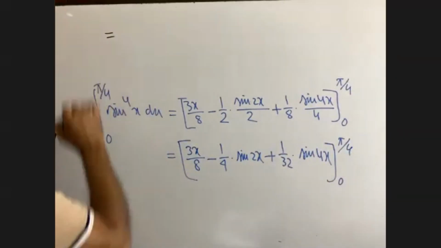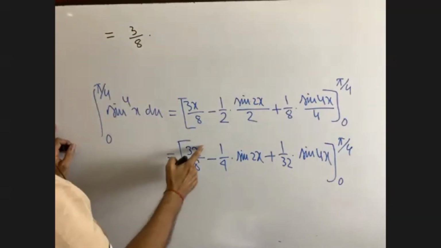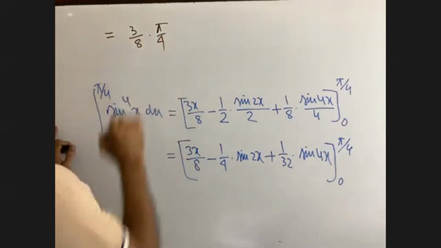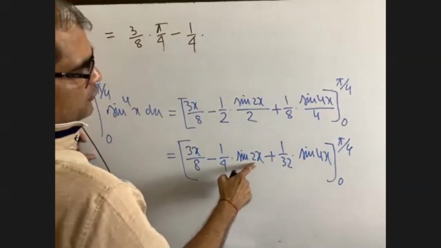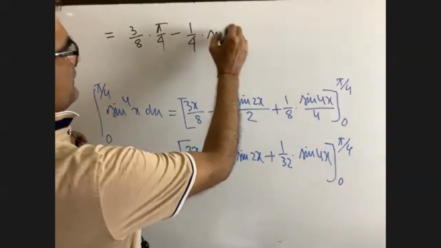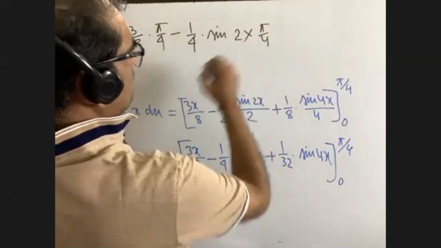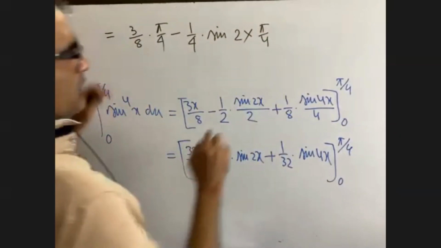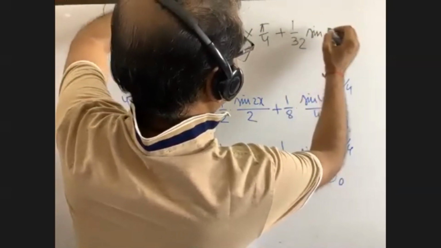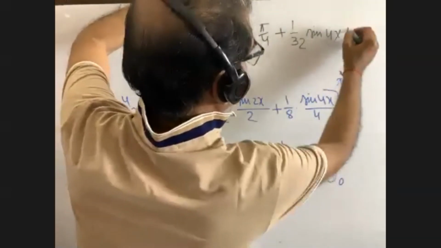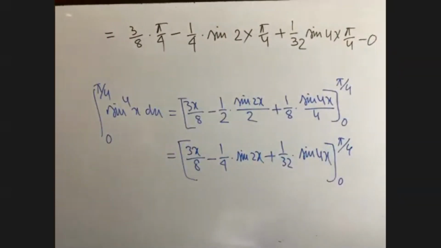That is, 3 by 8, value of x is pi by 4, done, minus 1 by 4 sine 2 into x, that is pi by 4, plus 1 by 32 sine 4 into the value of x, pi by 4, minus 0, you have to give here minus 0.